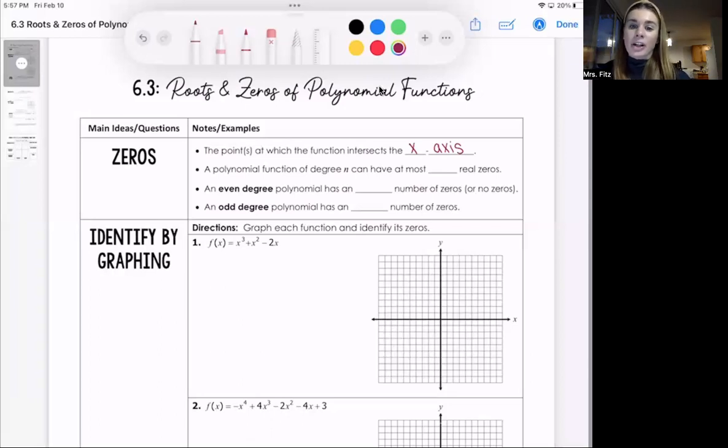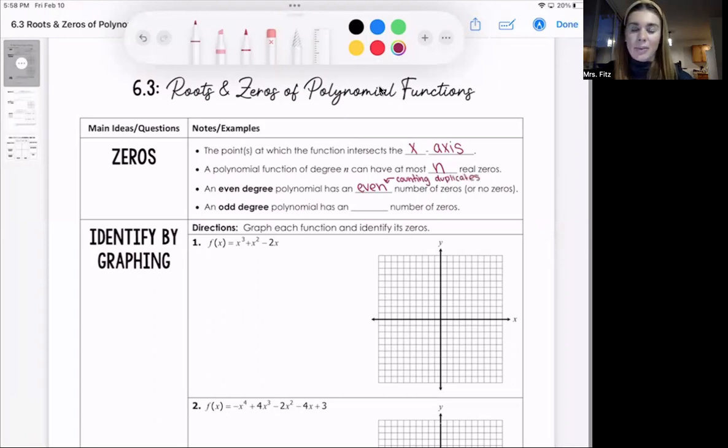A polynomial function of degree n can actually have at most n real zeros. An even degree polynomial has an even number of zeros or no zeros. Now, this is counting duplicates, and we'll talk about what I mean by that when we get a little bit further on in the lesson.